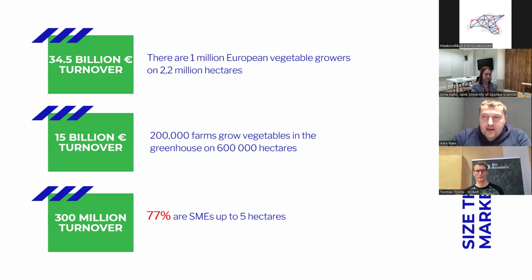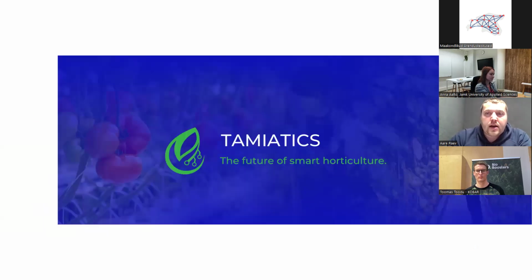But one of our aims is also to support one of the EU goals, farm to fork. This means we want to keep smaller greenhouses and smaller producers competitive, and that leads to Tamiatics.